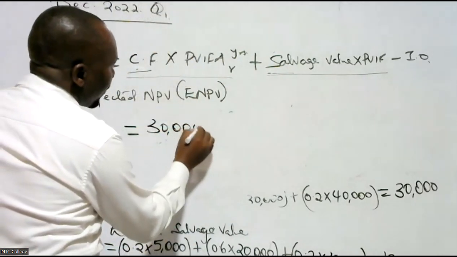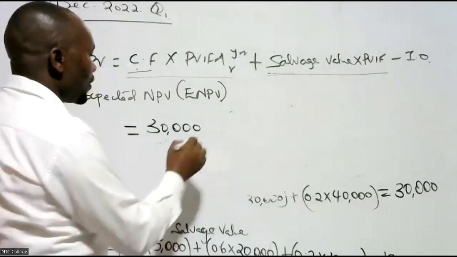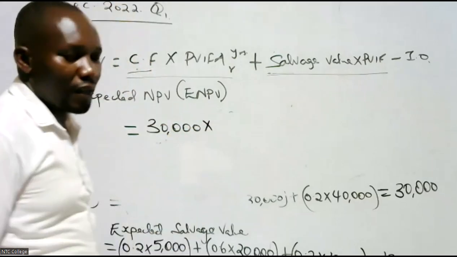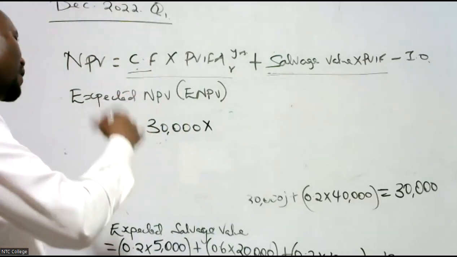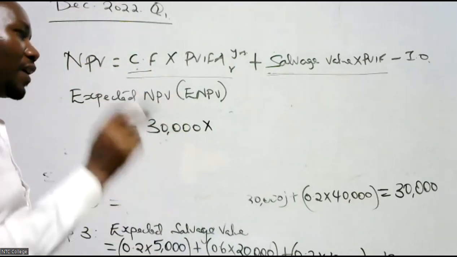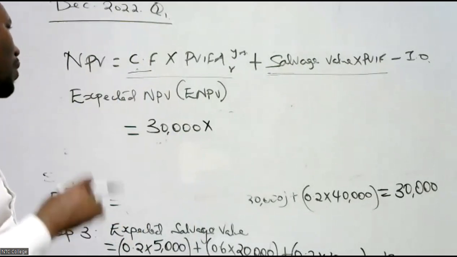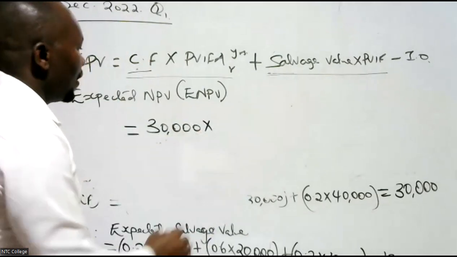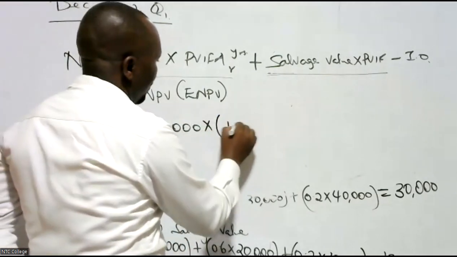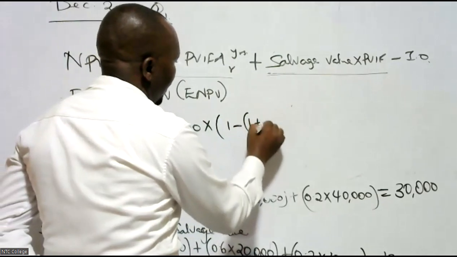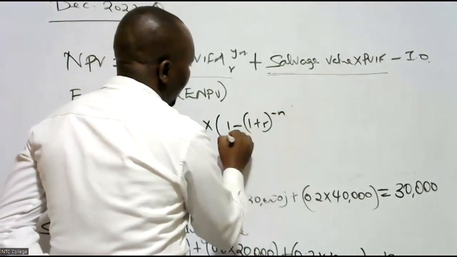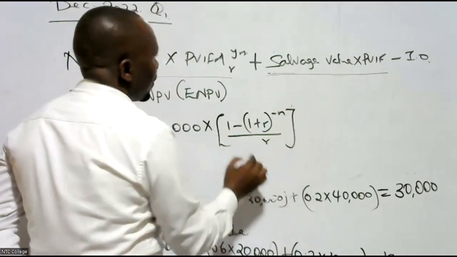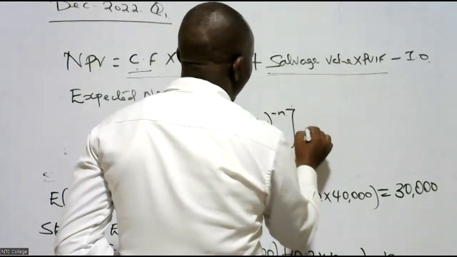And because it is similar throughout the period, as you check, you'll be able to see it's similar throughout the period. So we have that times PVFA. So it is the same throughout. It is average for year 1, average for year 2, they are the same. So we are using PVFA. So PVFA here is 1 minus (1 plus R) to the negative N, all over R. Right?